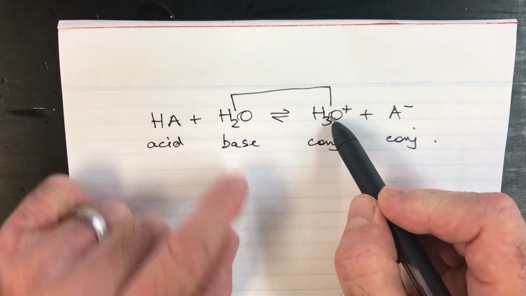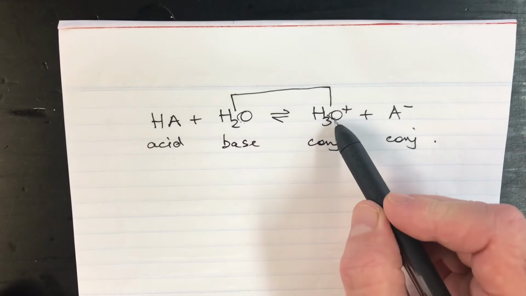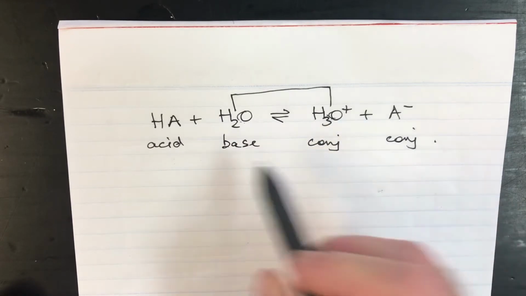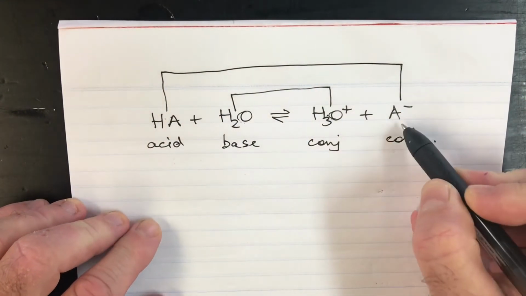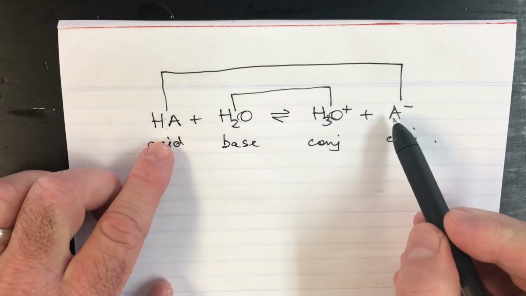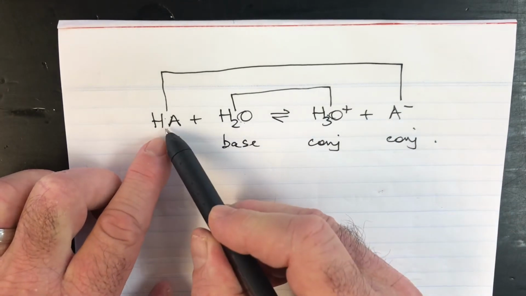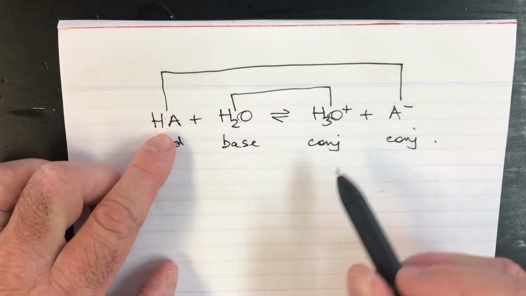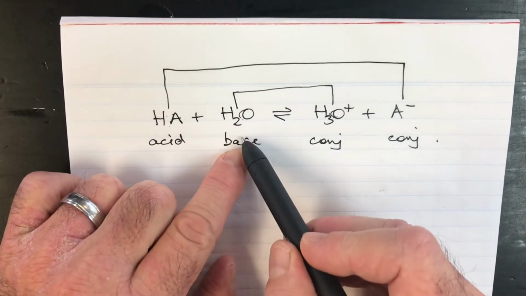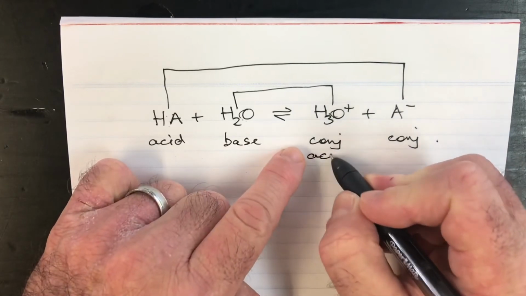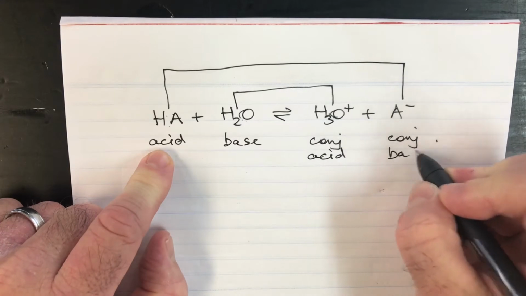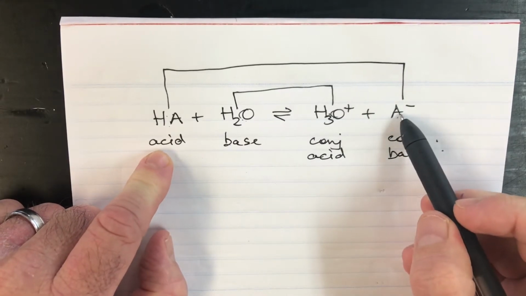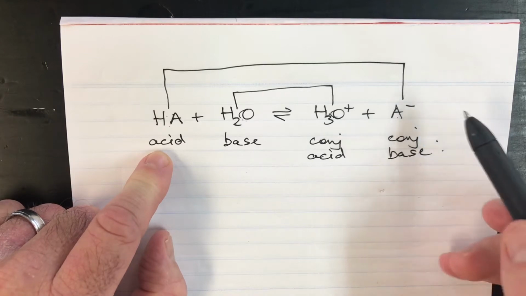The only difference between this and that is that the hydronium ion contains an extra hydrogen. And so this is conjugate with this. Related species, the only difference is one has another hydrogen ion. So this is the base and its conjugate acid, and this is the acid over here and its conjugate base, the A- ion. Okay, I hope that helps.